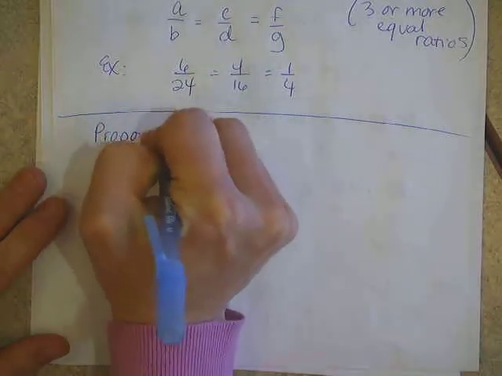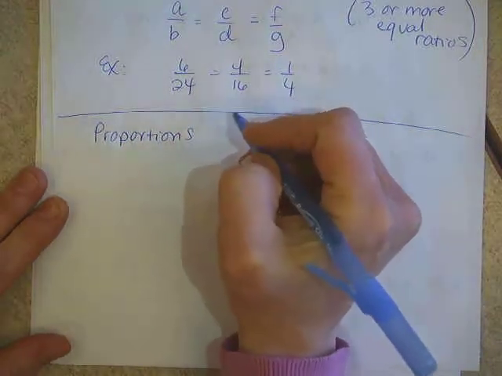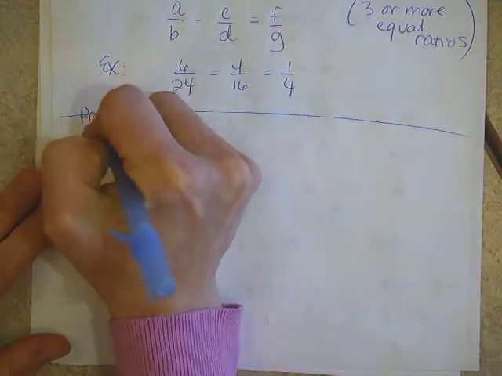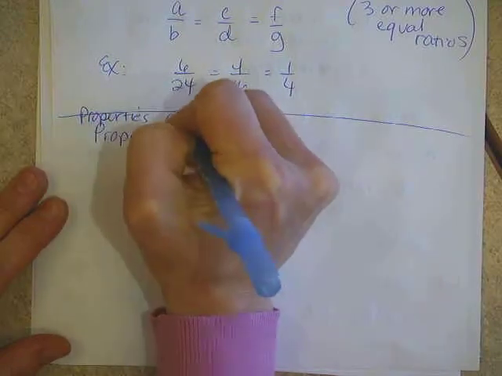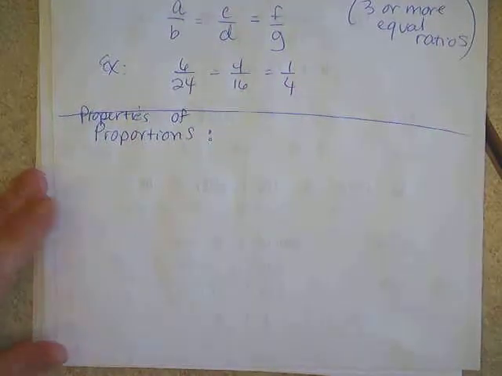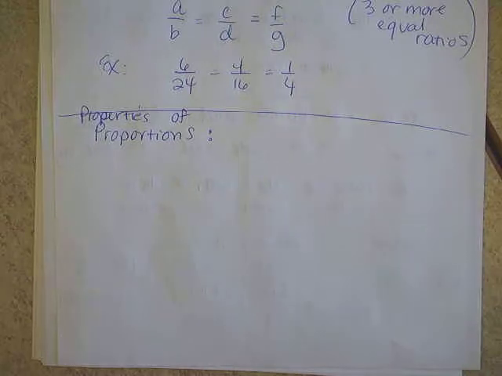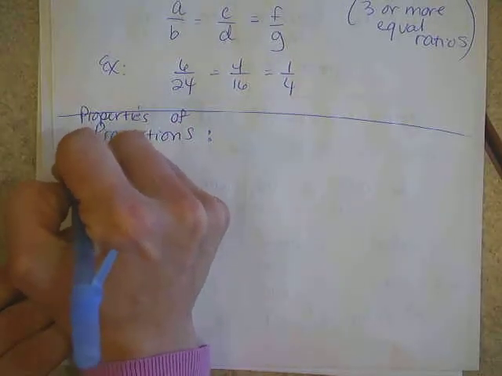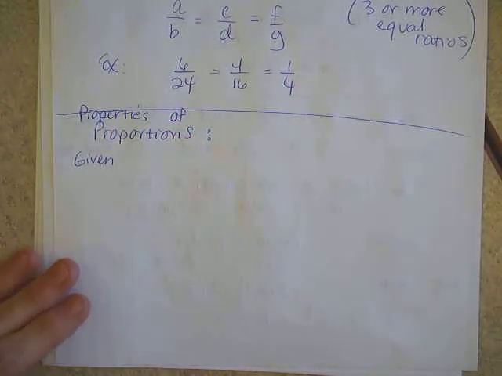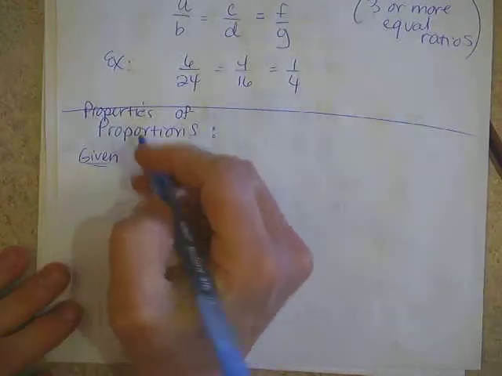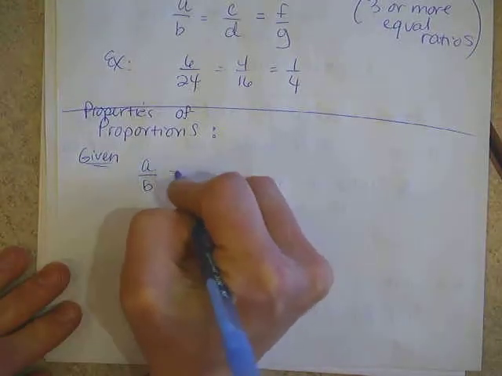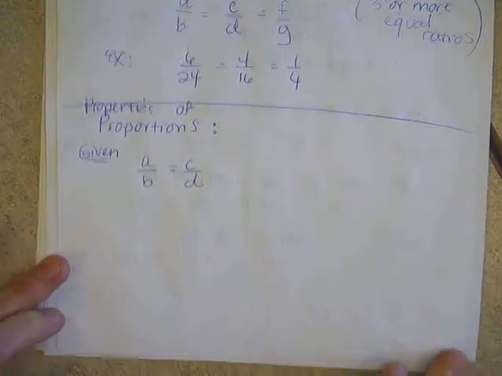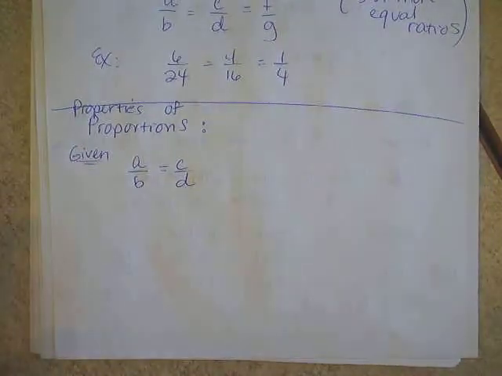So we're going to stick with proportions a moment and talk about properties of proportions. Usually you start with a proportion that is given, so we'd assume that to be true.